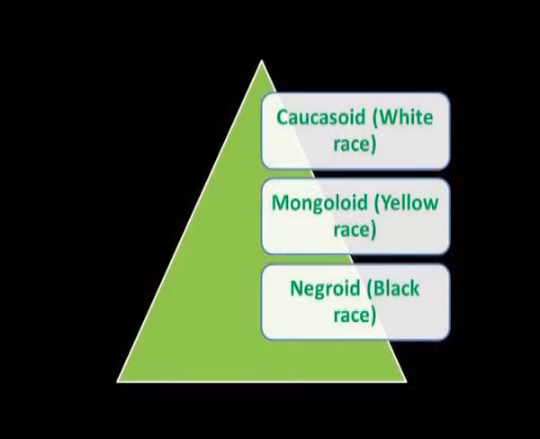Before trying to understand the racial diversity among the tribals in our country, it's better to know first how the background of the three races arrives on the scene at all in identifying the characteristics of people.